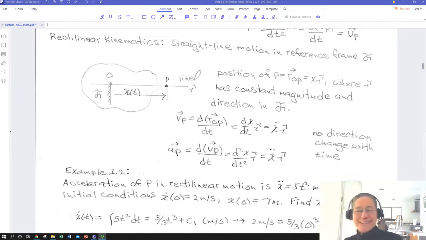It could be constant, but it's a function of time. It's just x of t. So we've taken what is a very vector quantity, which is position, and because there's only one direction we can go, we've turned it into something that we can work with as a scalar.